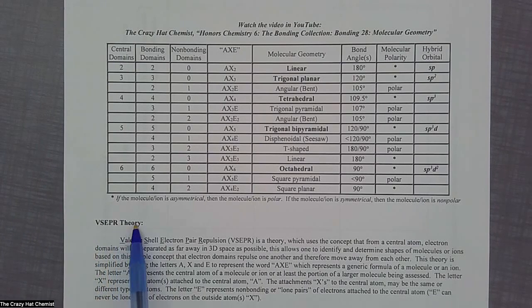This is VSEPR theory, the valence shell electron pair repulsion theory, which uses the concept that from a central atom, electron domains will be separated as far away in 3D space as possible. This allows one to identify and determine the shapes of molecules or ions based on the simple concept that electron domains repulse one another and therefore move away from each other.